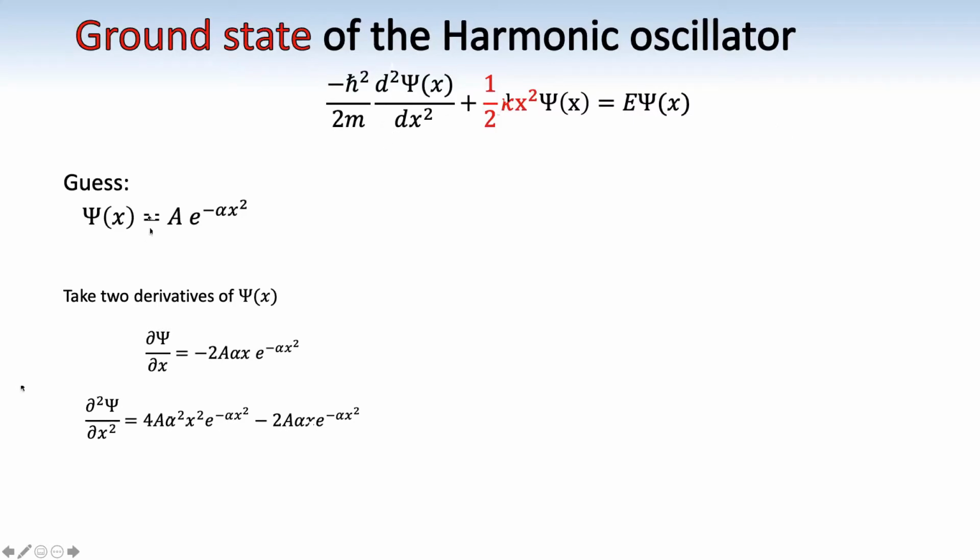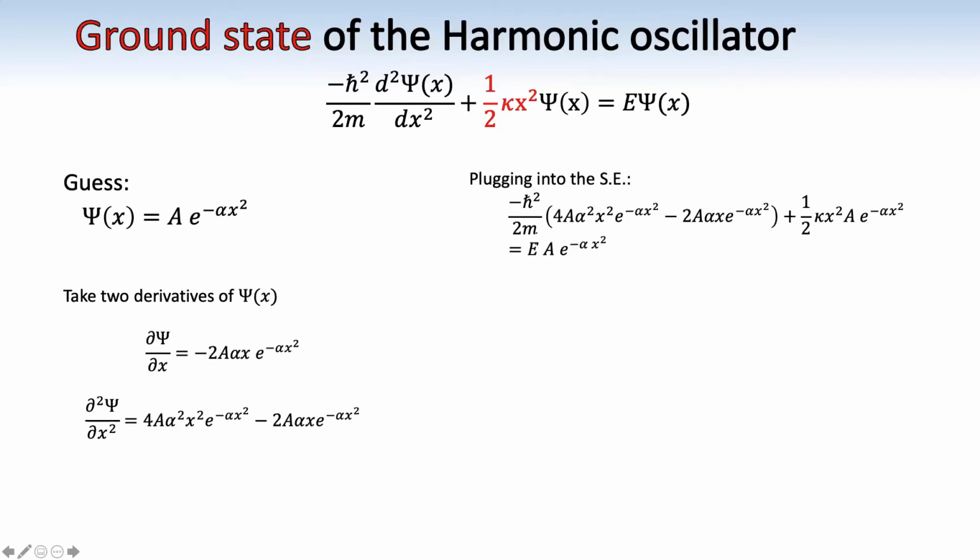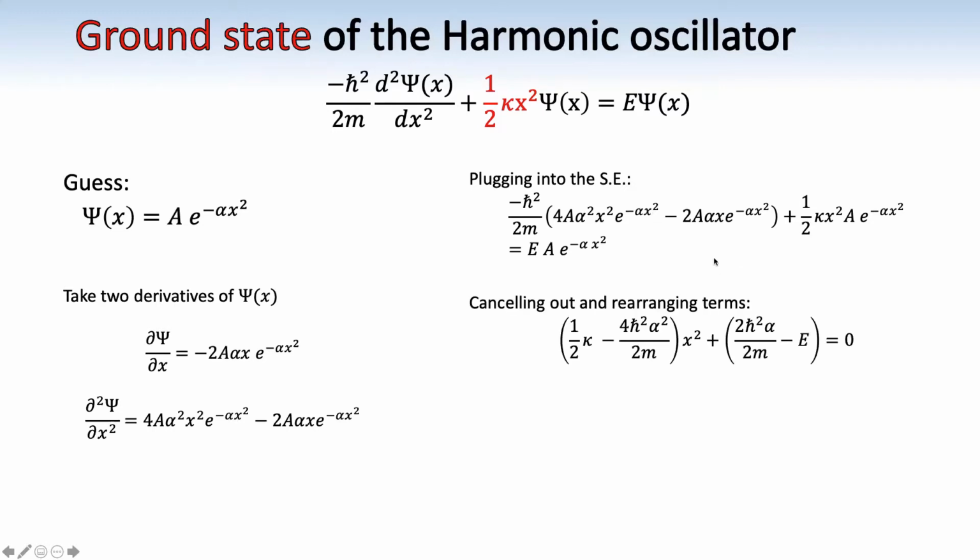And this one over here and here, okay? So I end up with this. So this is the second derivative. Here is the a e to the negative alpha x squared right here. And on the right-hand side, I get the same thing. Notice that the a's cancel, and e to the negative alpha x squared also cancel. So the only thing that we are left with is this equation.